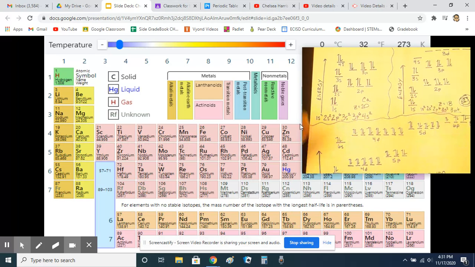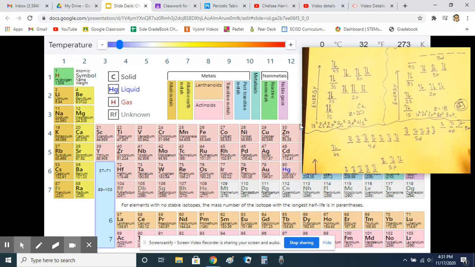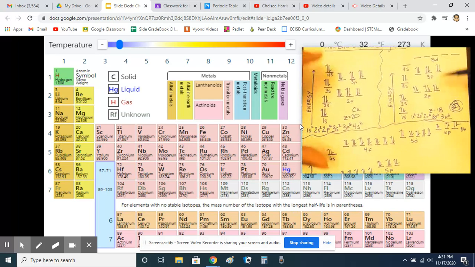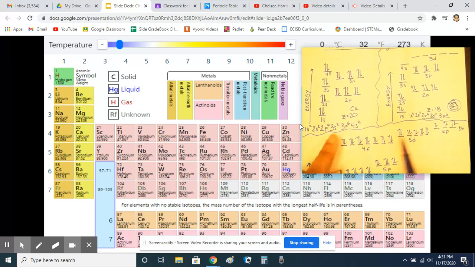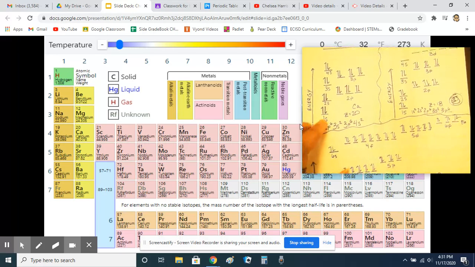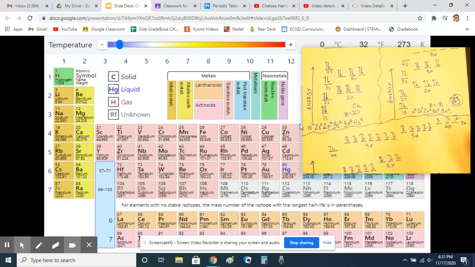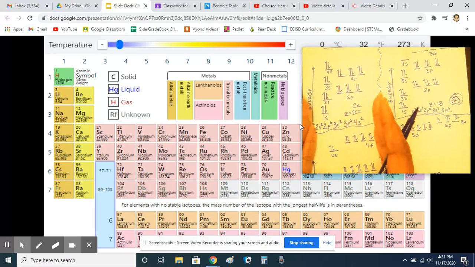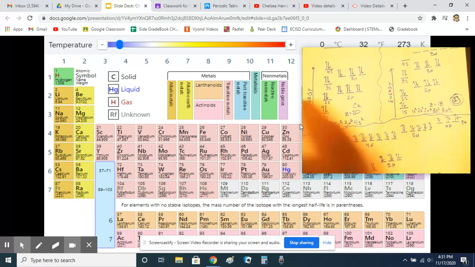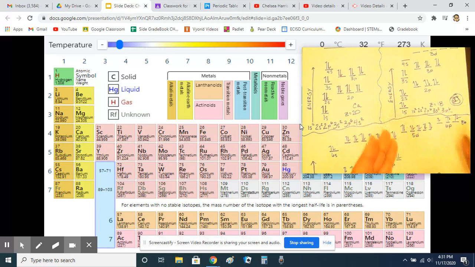So what I want you to notice here is not only do the diagrams look similar to each other, except that calcium just had 2 extra, the electron configurations written here also look similar, except that calcium had just a little bit extra.